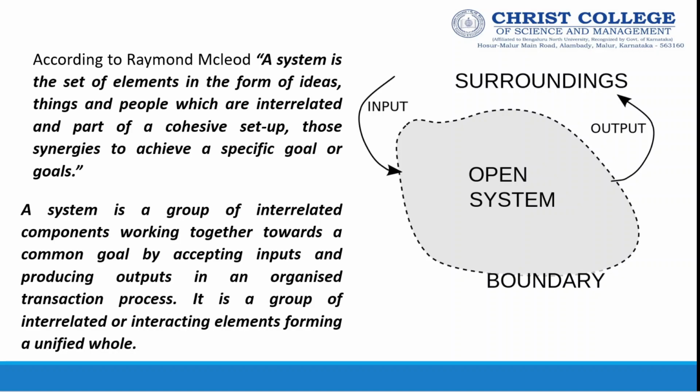The group consists of interrelated or interacting elements forming a unified whole. So basically, in any system, whatever system you are taking, there will be input, output, a process, and there will be a boundary which will be dividing the system from the environment or the surroundings.